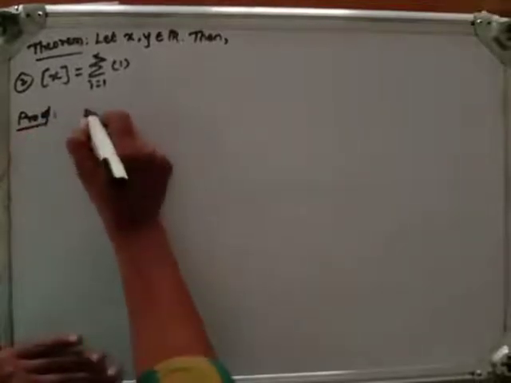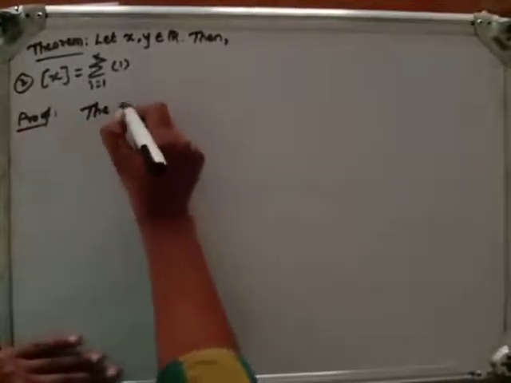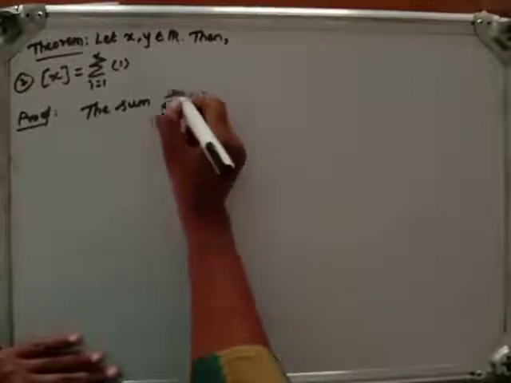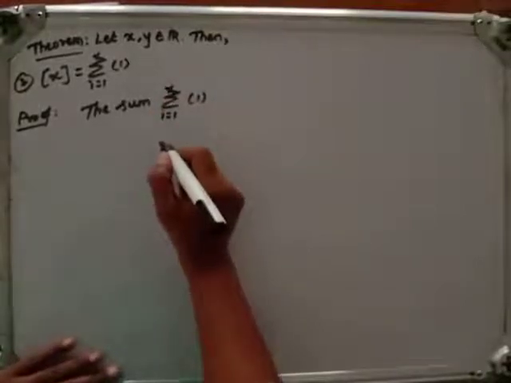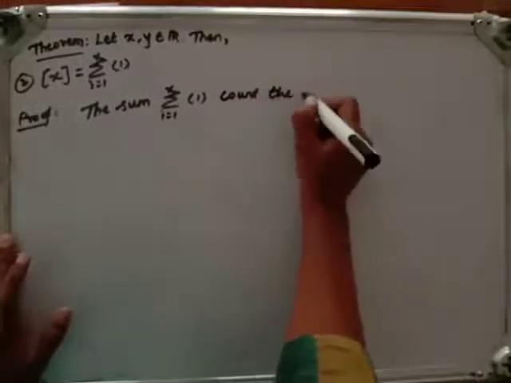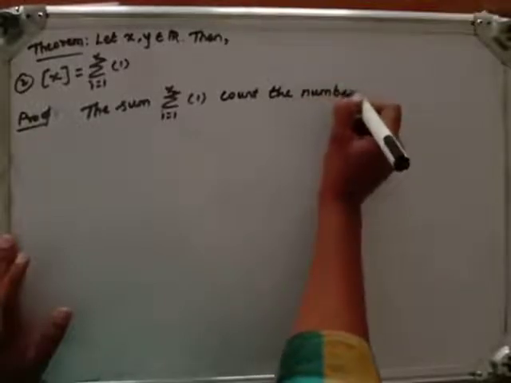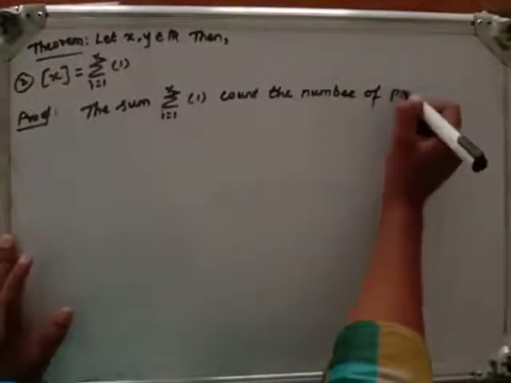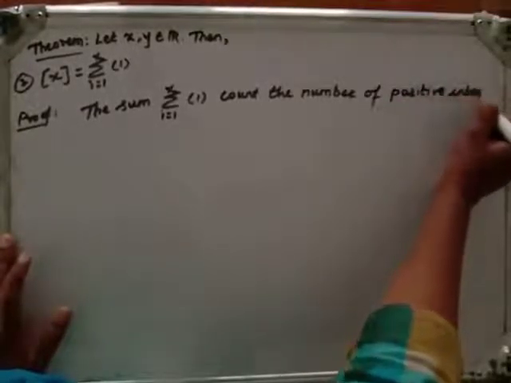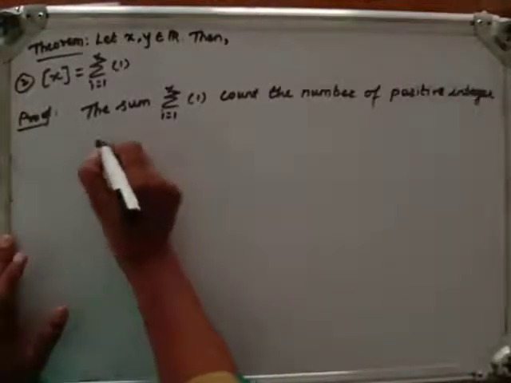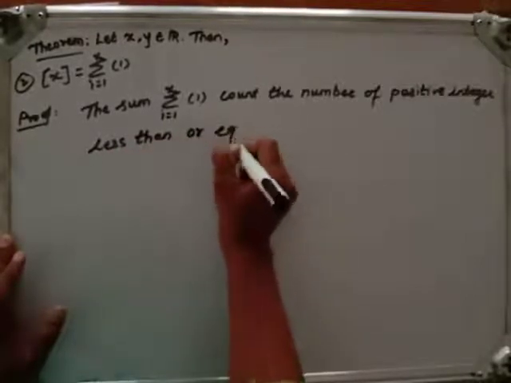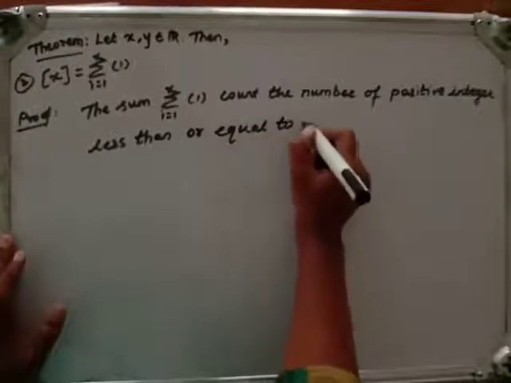The summation of 1, i from 1 to x, counts the number of positive integers less than or equal to x.